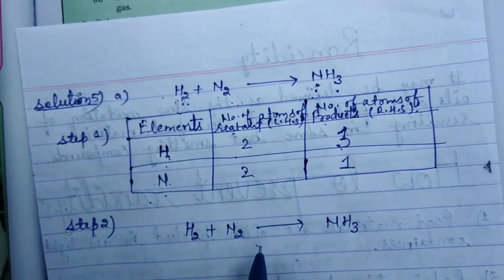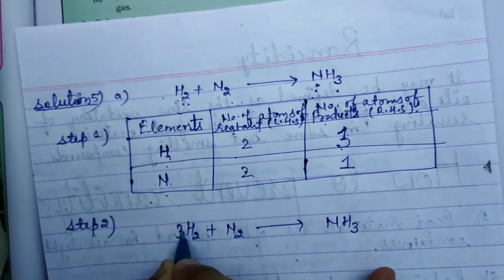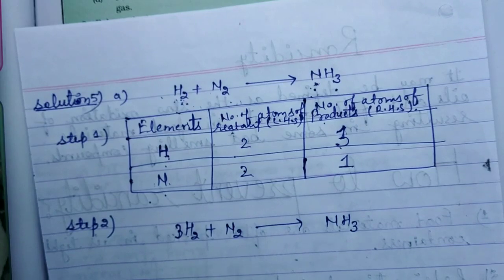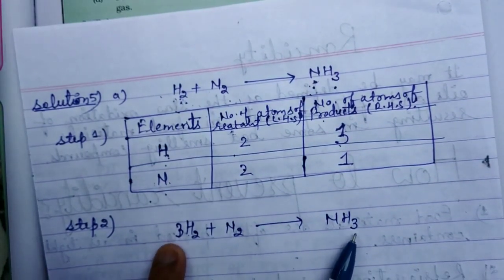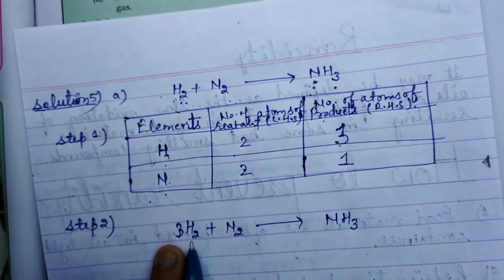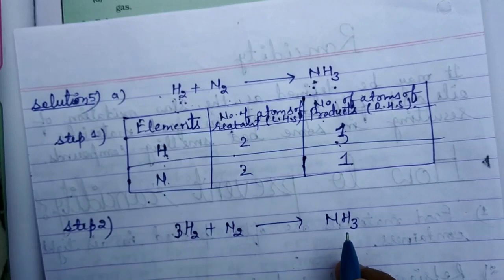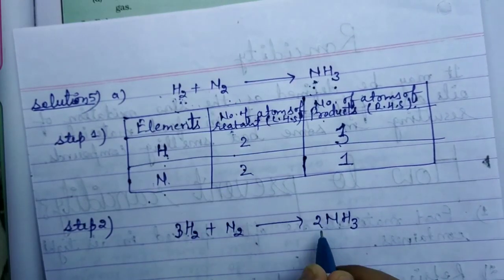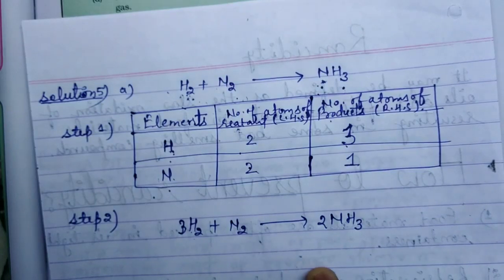Okay, here we will put the coefficient 3 before the hydrogen, because we have to make the number of hydrogen atoms equal on both sides, on the reactant side, and coefficient 2 before the product side, okay, before the product side.